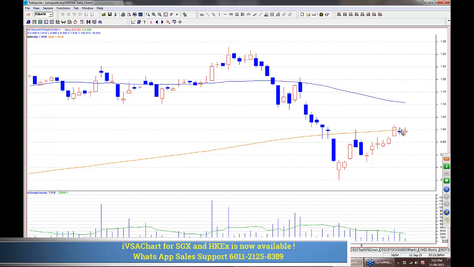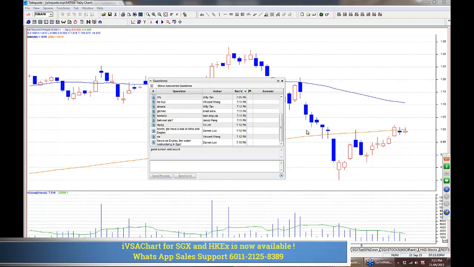That looks like it's base building, a nice one in here. Similar to MYEG. That's a nice stock in here. Home REITs is, oh, the water restructuring. Yeah, if you look at the water restructuring thing, but it's not giving anything. If it's a water restructuring, it should have broken out. Okay, so Darren, use your iVSA chart to look at it. Okay, Darren.